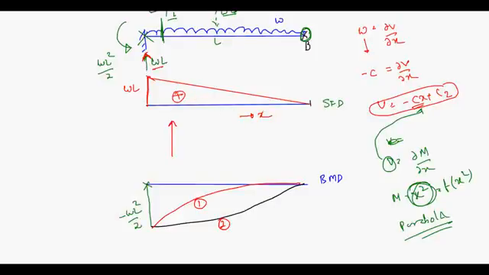As your x is increasing, your slope should reduce. This is nothing but the slope of your bending moment diagram, the shear force. So your curve is the red one, not the black one. For the black one, the slope is increasing, it is not decreasing, but you can see from the shear force diagram, your slope should reduce with distance, and that is shown by this red curve, not the black curve.